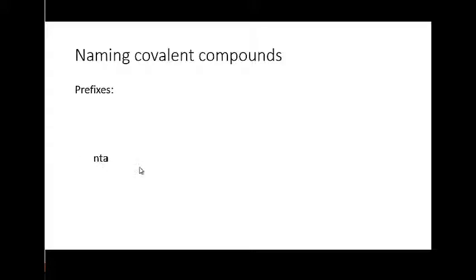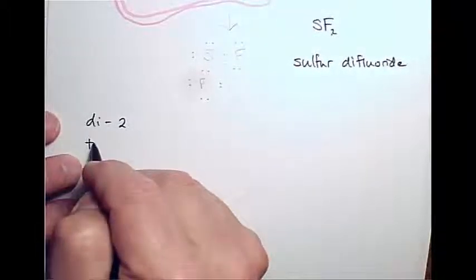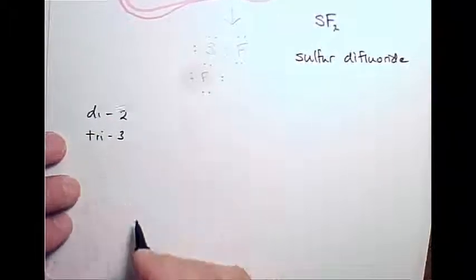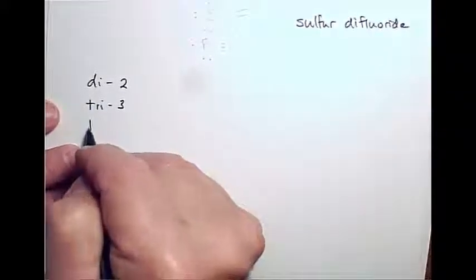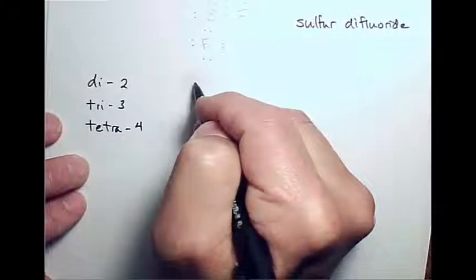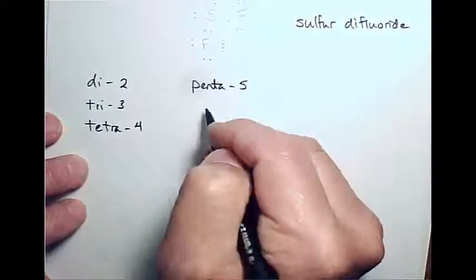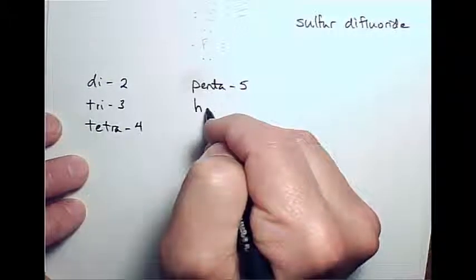Penta is a prefix. And tri is the prefix for 3. And tetra, the prefix for 4. Penta is the prefix for 5.